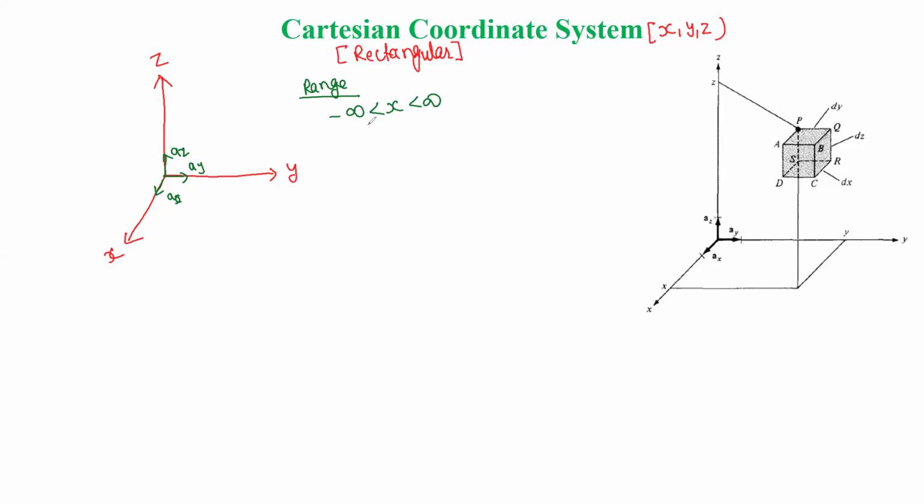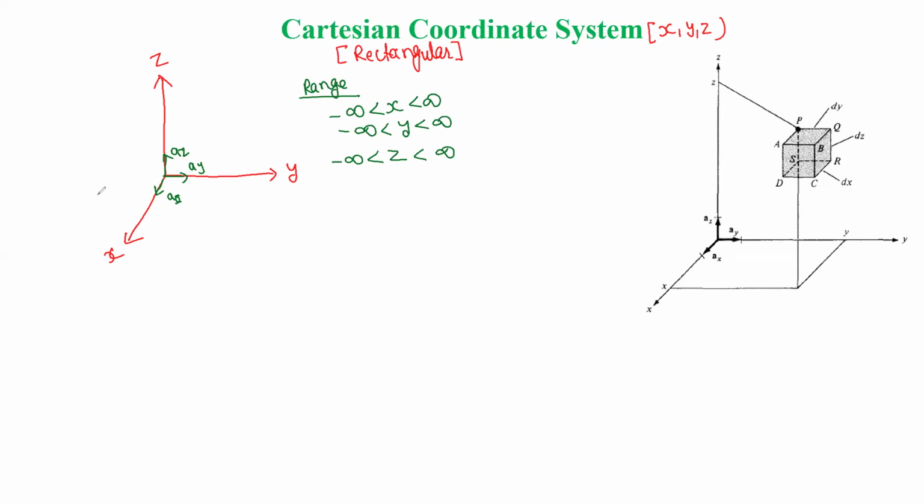It is also going to be elongated in both directions, so it will have the same range. Do you agree with this? Minus infinity to plus infinity. Similarly, for z, again we have the same range, minus infinity to plus infinity. So that is the important part in Cartesian coordinates: what is the range? And here the unit vectors are ax, ay, az.